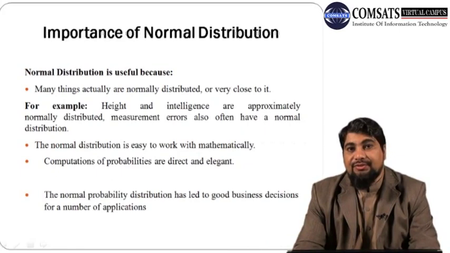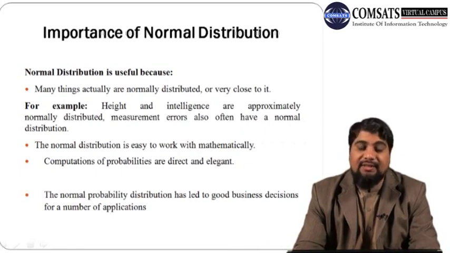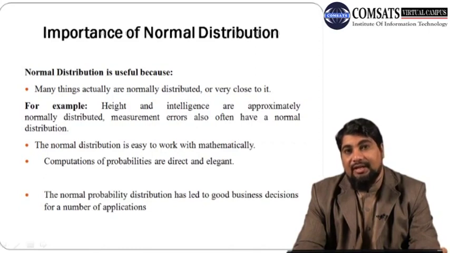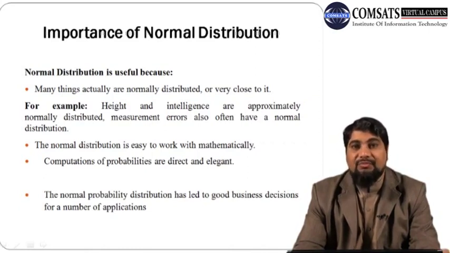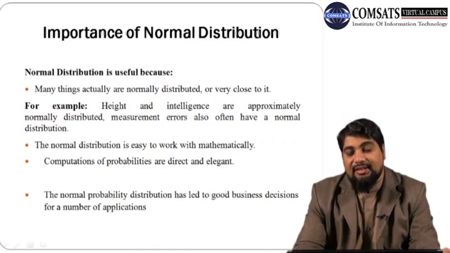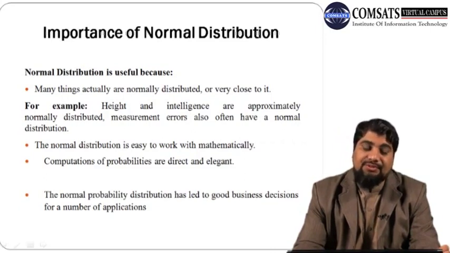So, the importance of the normal distribution. The normal distribution is useful because many things are normally distributed or very close to it. For example, height and intelligence are approximately normally distributed, and measurement errors often have a normal distribution.